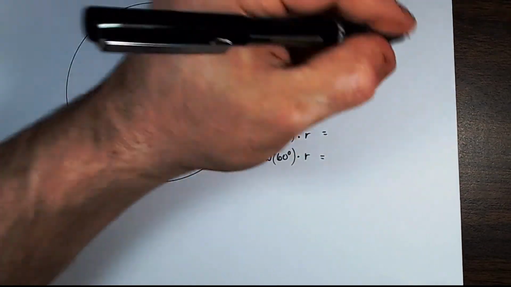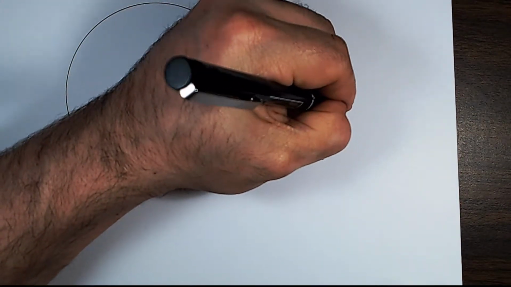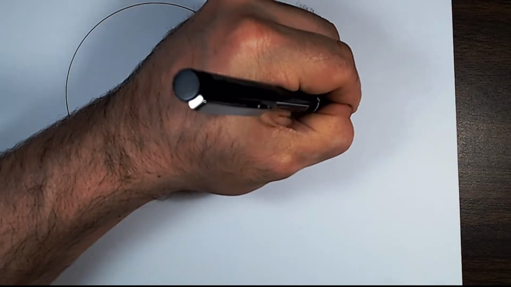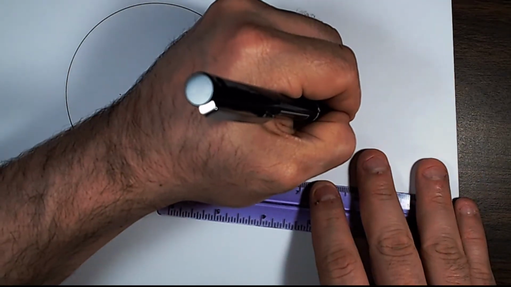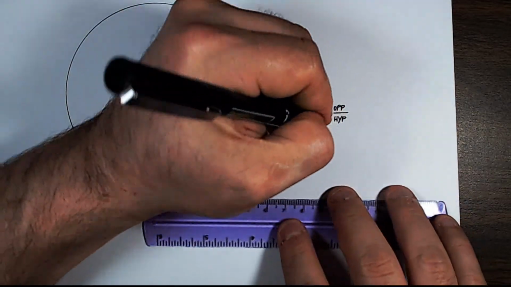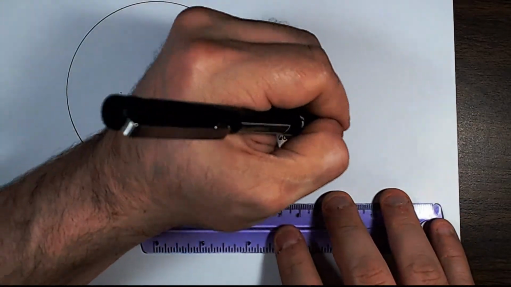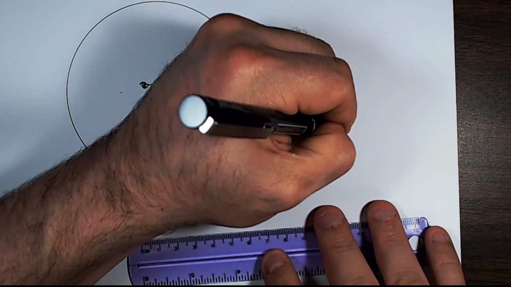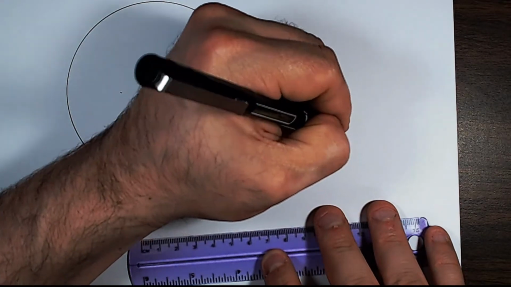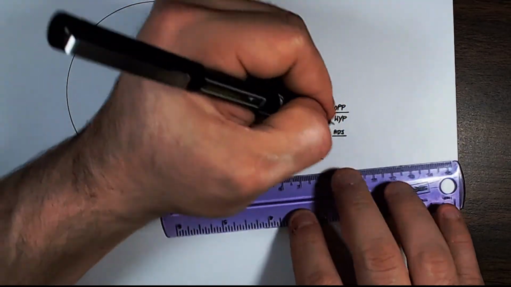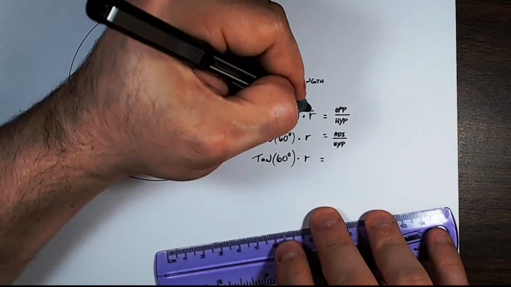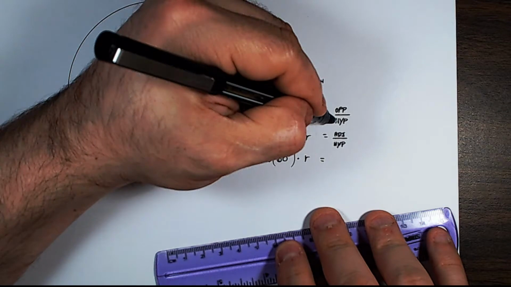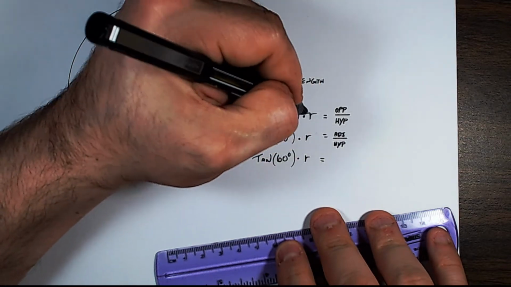This equals the opposite side over the hypotenuse. Cosine of 60 degrees times r equals the adjacent side length over the hypotenuse. Okay? And see, that's why hypotenuse and r are the same thing.